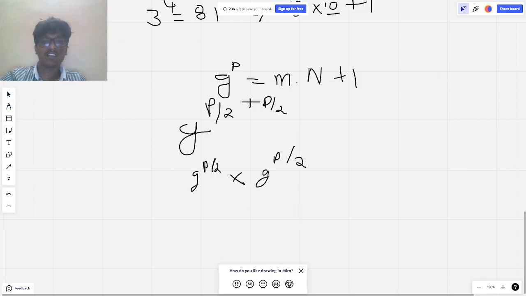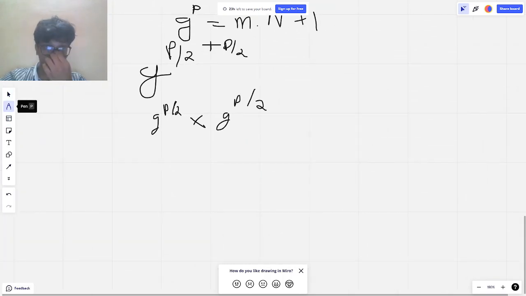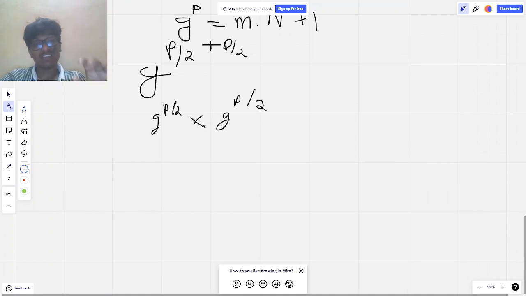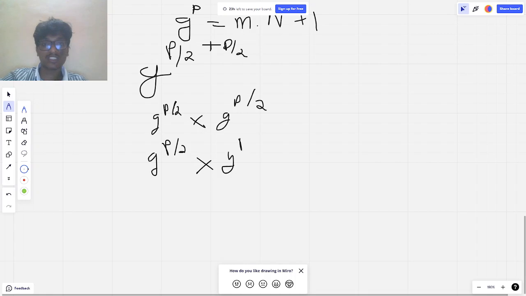And we can even further simplify this by adding, and in maths when we don't know how to further simplify it, we just add some value. So we will add and subtract g to the power p by 2, such that the equation will remain the same: plus g to the power p by 2 minus g to the power p by 2.